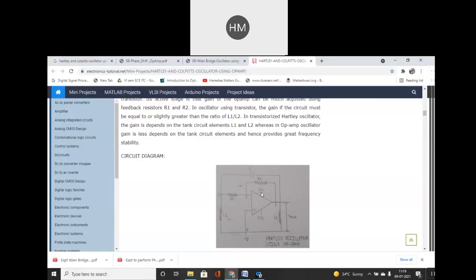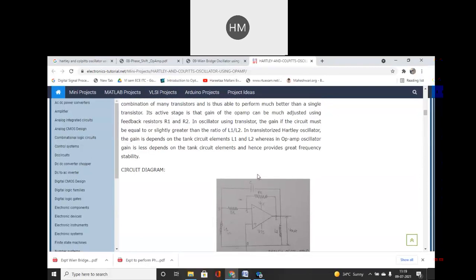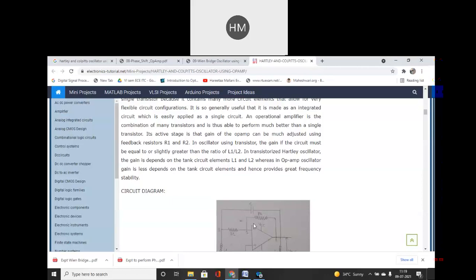L1, L2, and C. This is like an inverting amplifier, just in the feedback we have an L1, L2, and C combination. Okay, students? It's reversed in your Colpitts oscillator. Two capacitors and one inductor are used.